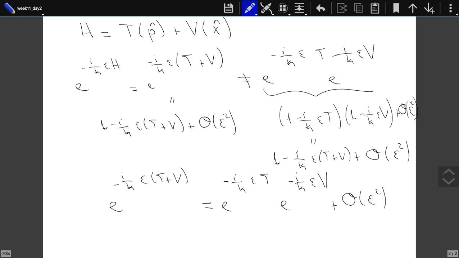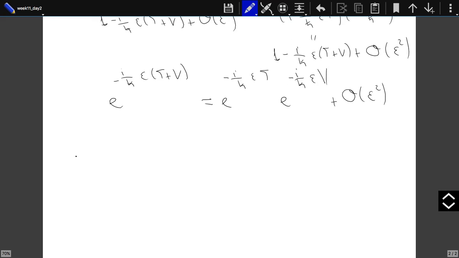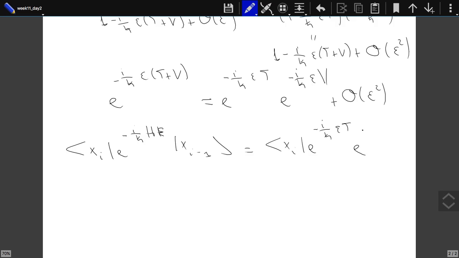So what we were trying to evaluate, xi e to the power minus i over h bar epsilon H xi minus 1, is equal to xi e to the power minus i over h bar epsilon T e to the power minus i over h bar epsilon V xi minus 1, of course, plus terms of the order of epsilon squared.